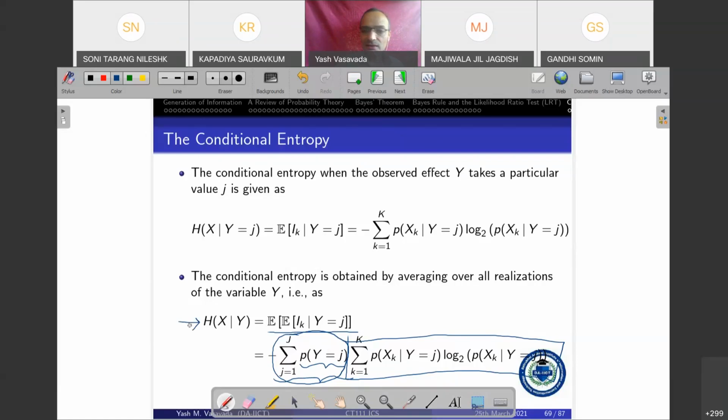Any guess in terms of what will be the definition of the information that got transferred over this channel? Can you say that this x given y, this conditional entropy, itself tells us the amount of information transferred?